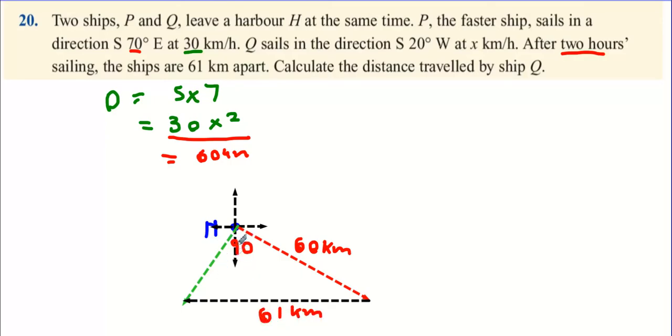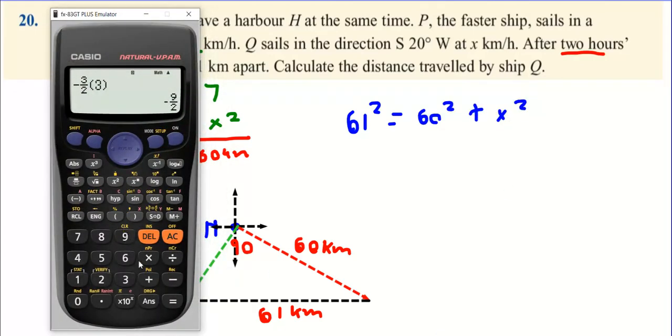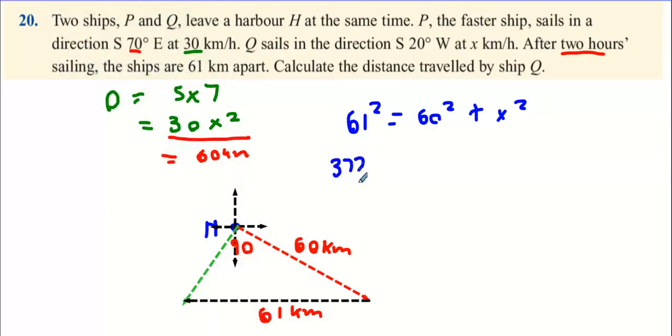So what we can now try to find out is what is the green one. Okay, so this is Pythagoras' theorem. 61 squared equals 60 squared plus x squared. 61 squared is 3,721, equals 3,600 plus x squared.